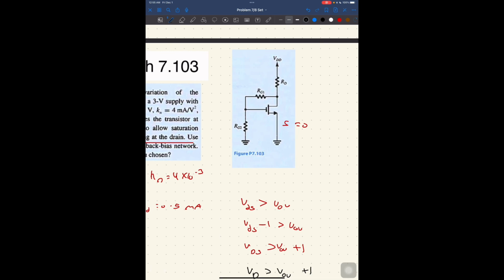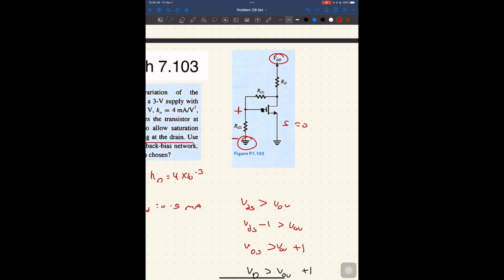Another way for me to do this would be to understand that VG is nothing but the voltage dropped across RG2. That part is understandable, right? So it's VDD minus 0.